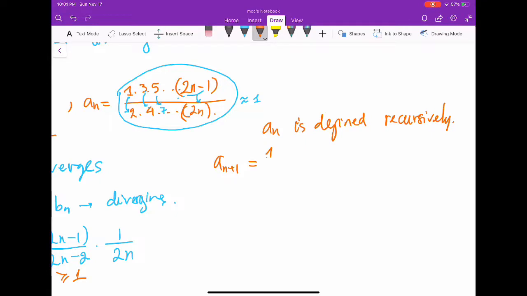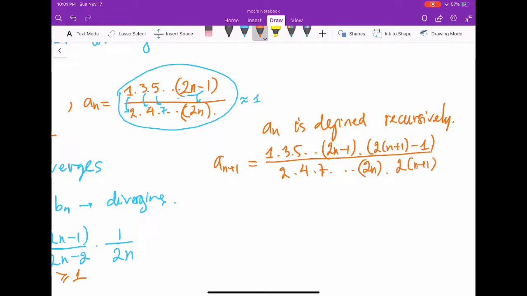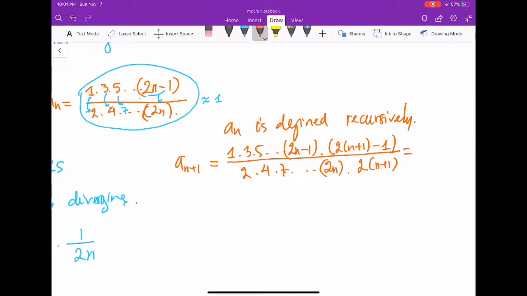So I write here 1 times 3 times 5 and so on, and 2n minus 1. And then since I have n plus 1 in here, I have 2(n+1) minus 1 over 2 times 4 times so on times 2n, and then times (2n plus 1). So if you practice it, 1 times 3 times 5 and so on up to 2n minus 1, divided by 2 times 4 times so on up to 2n, right?